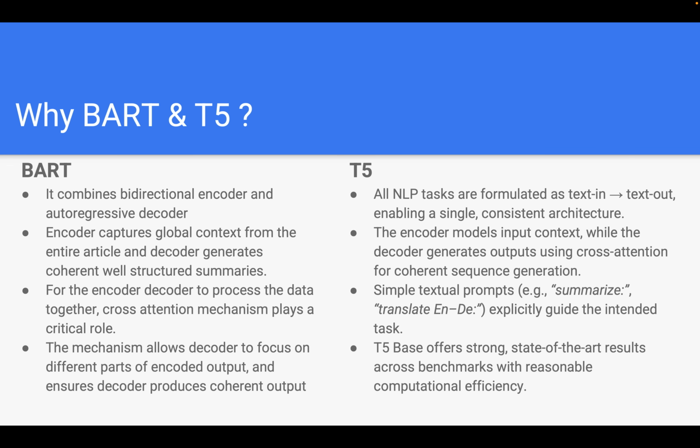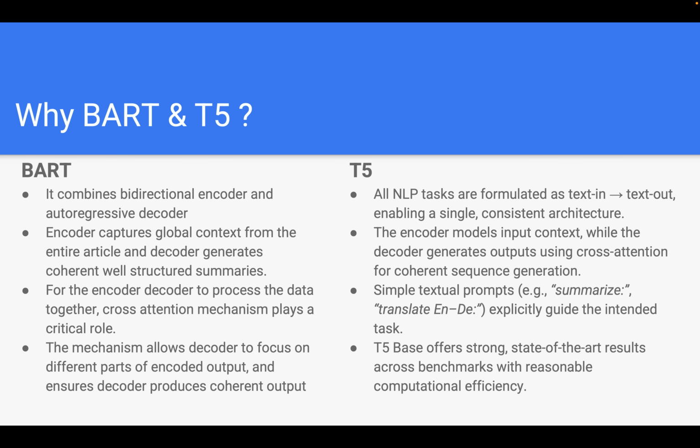The encoder captures global context from the entire article, and the decoder generates coherent, well-structured summaries. For the encoder and decoder to process the data together, the cross attention mechanism plays a critical role.